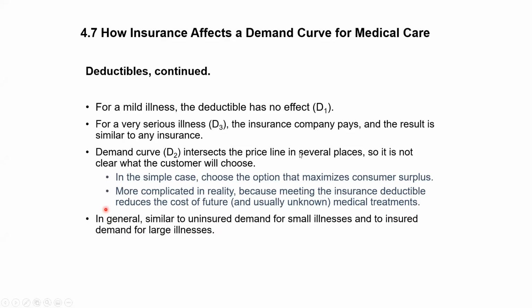It's like depositing money in advance for a disease that you might probably get, but you do not know if you really will. And only a particular amount of money is paid, and the service price is basically zero when that particular event happens. In general, it is similar to insured demand for illness and for large illness.